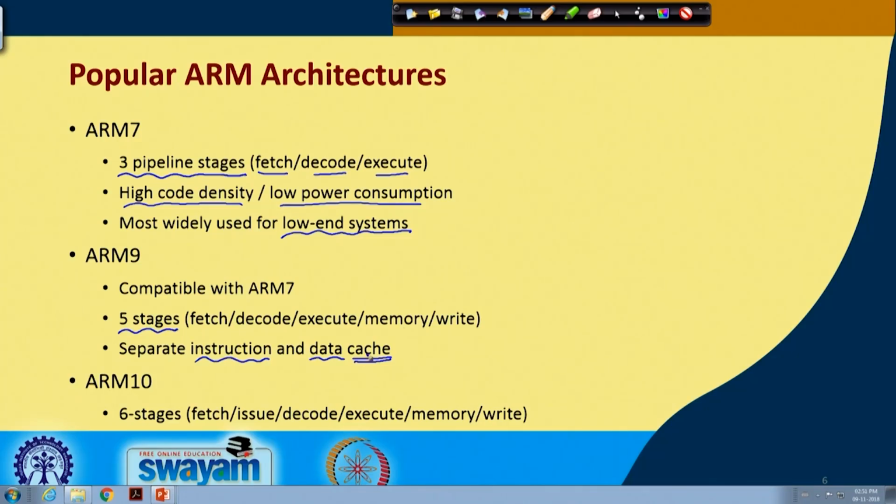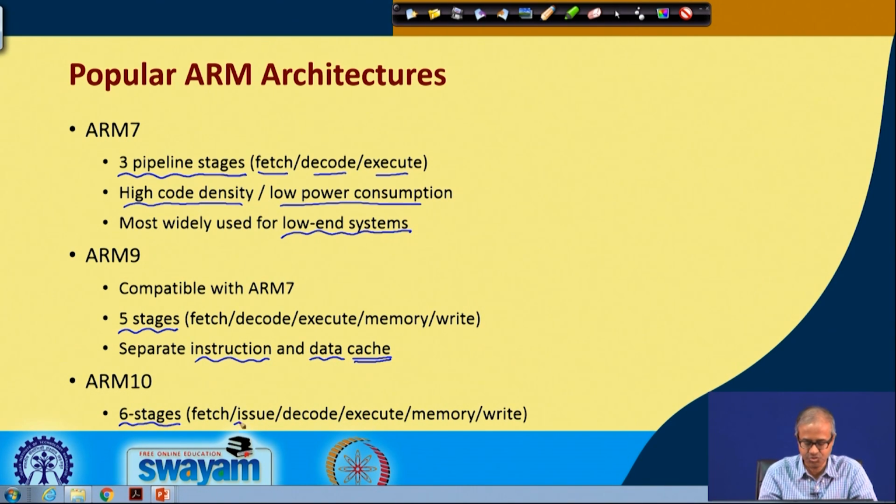So, it was like a von Neumann architecture, but from ARM 9 onwards it started a shift towards Harvard architecture, right. Talking about ARM 10, the main difference was the pipeline was further enhanced by adding another stage, the issue stage, right.